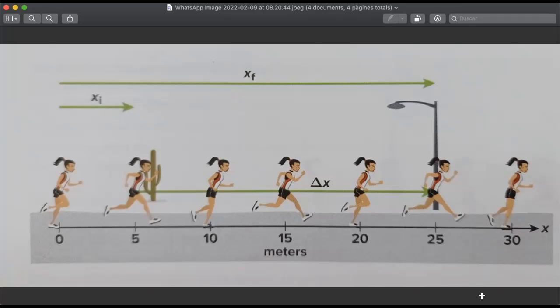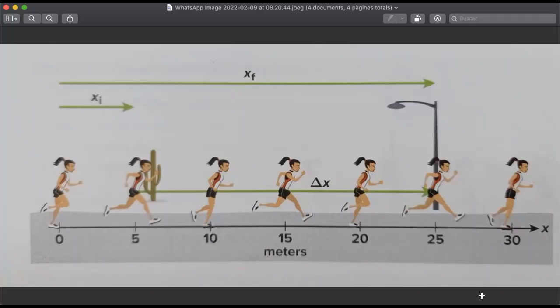So if I want to calculate the difference between the final and initial position, delta x will be the subtraction of these two, final x minus initial x. Okay.